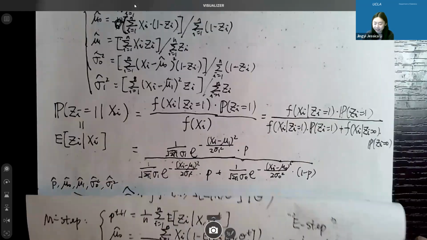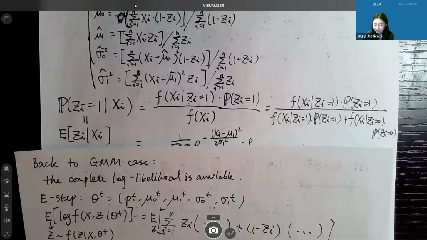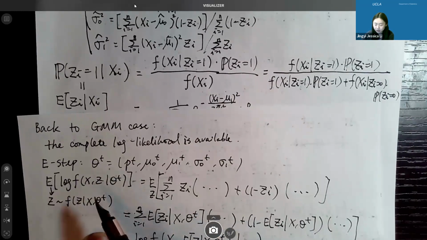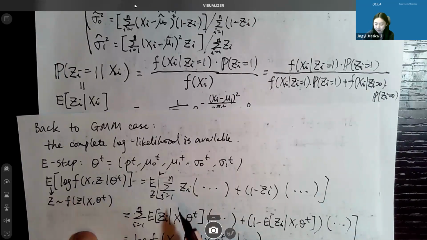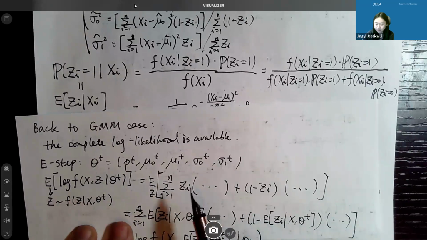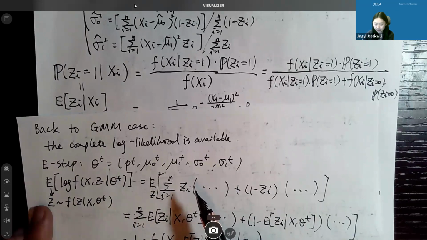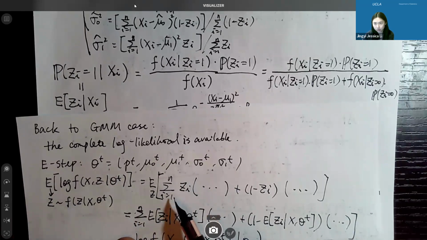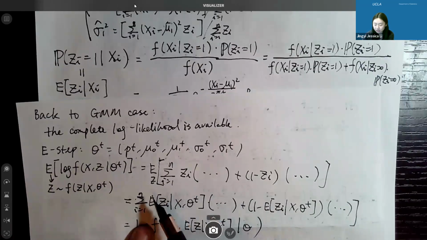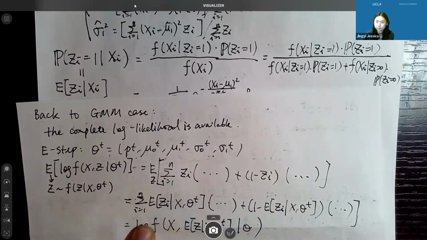But the key thing is that here the log complete likelihood has a special form. So once you take expectation of the log complete likelihood, the expectation can enter the summation over i, and you're just left with computing the expectation for Zi. That simplifies this whole procedure.